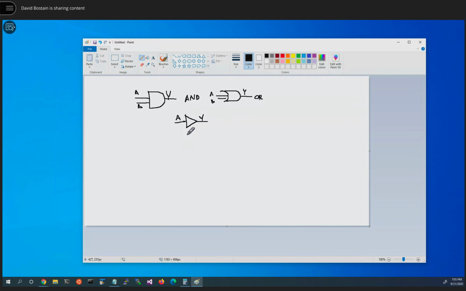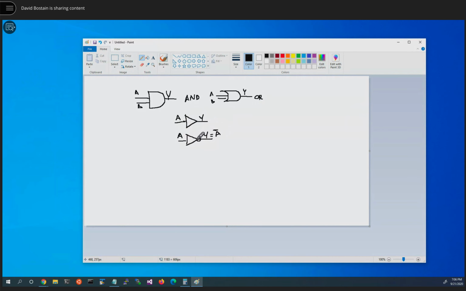But more importantly, one of those four things that we said that could be done with a single input looks like this. As A coming in, there's a bubble on the nose of this thing, which means invert, and it has Y coming out. So the function here is Y is equal to not A. I'll put an overbar to indicate not.